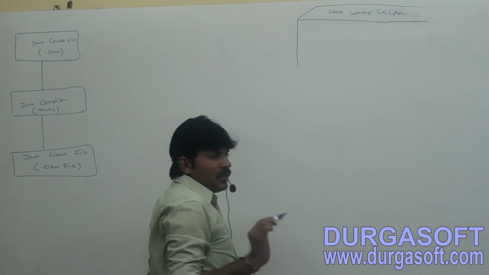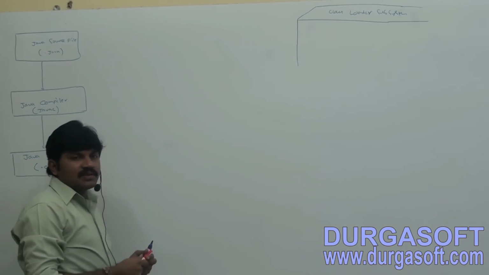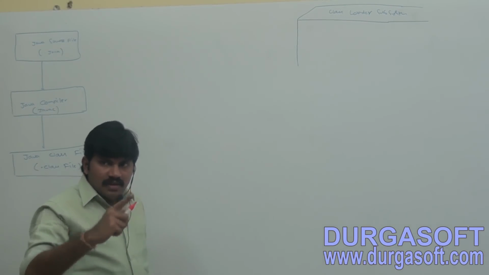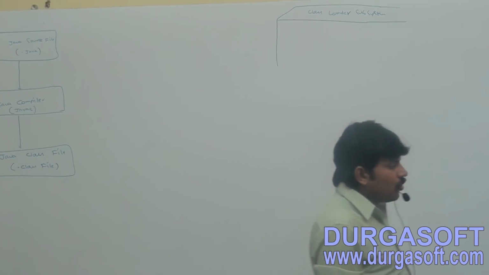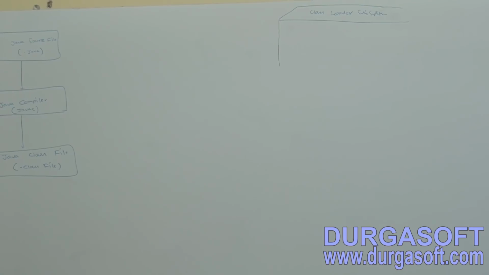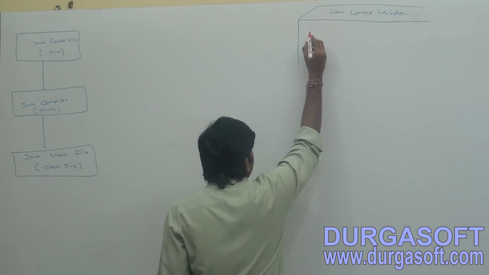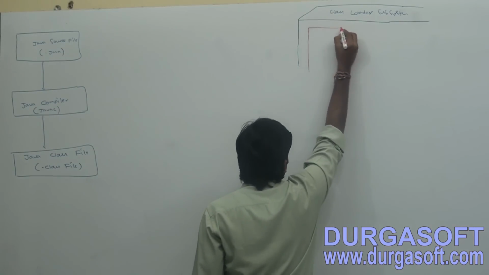In the class loader subsystem there are several parts: first loading, then linking, then initialization. What is the first part? Loading. Second part is linking, and initialization.